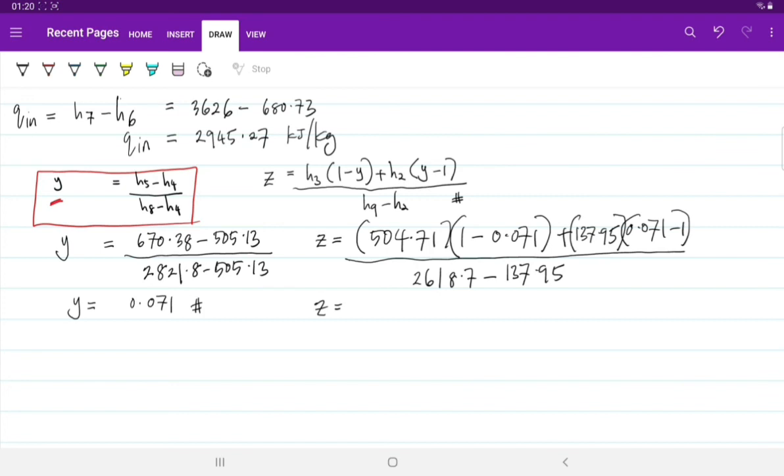Okay, plus 137.95, 0.071 minus 1 divided by 2618.7 minus 137.95.